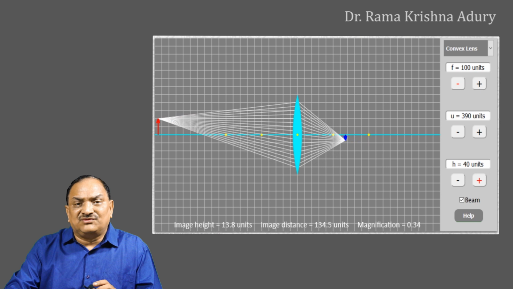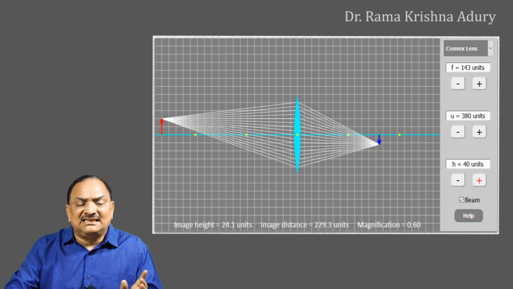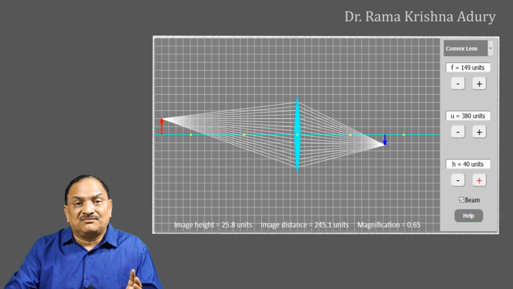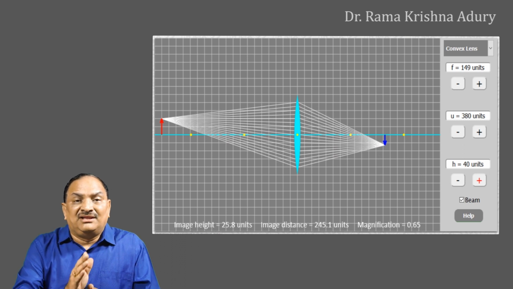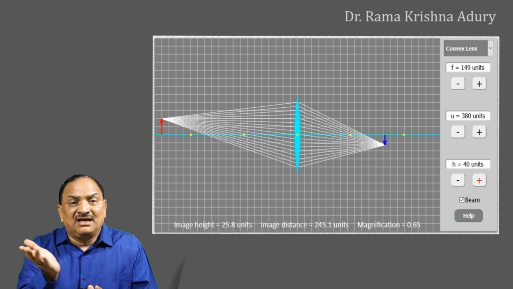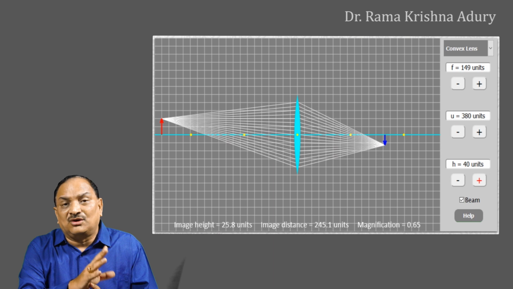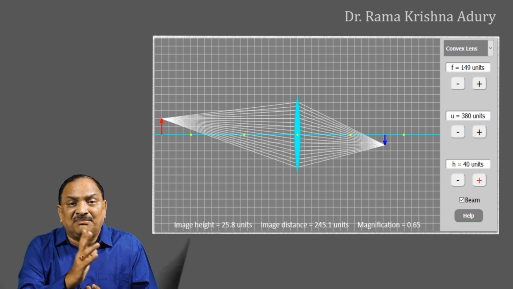But there is one case we need not watch, of course, when the object is taken much farther, placed at infinity. What generally is seen is that the image is formed at the principal focus. These are interchangeable. When the object is placed at F, the image is formed at infinity. And when the object is placed at infinity, generally we don't place it, we see only the distant object, maybe a distant tree or a building.